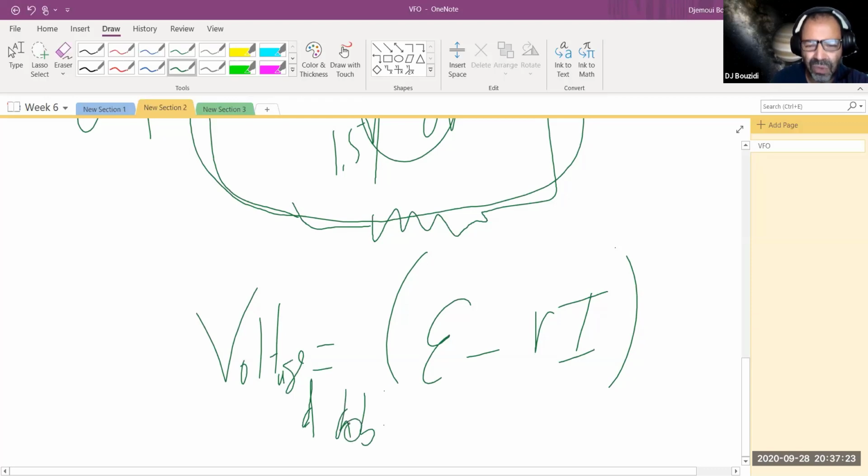So if you think you bought 1.5 volt, you're actually getting slightly less than that because the battery has an internal resistance. If there is no current, if I is equal to 0, the battery should read exactly the EMF. But the minute the current starts to run in the circuit, the battery voltage drops.